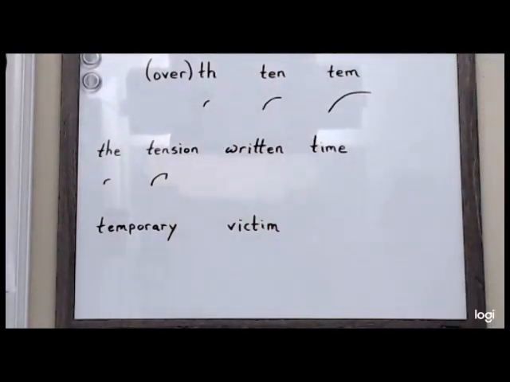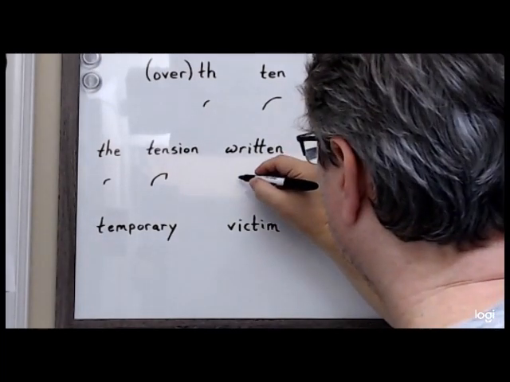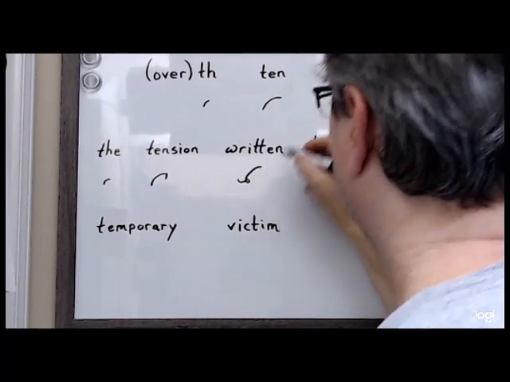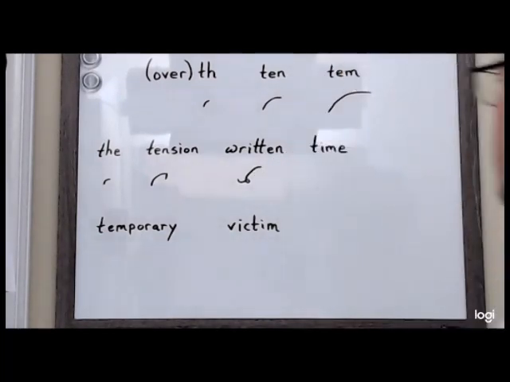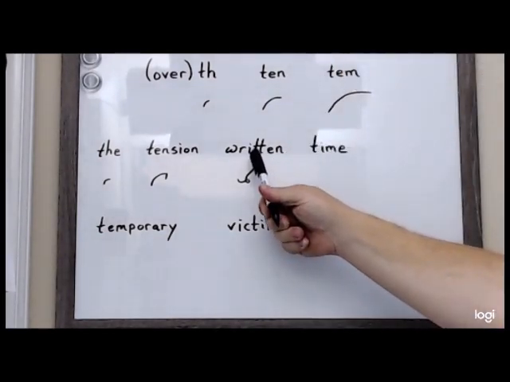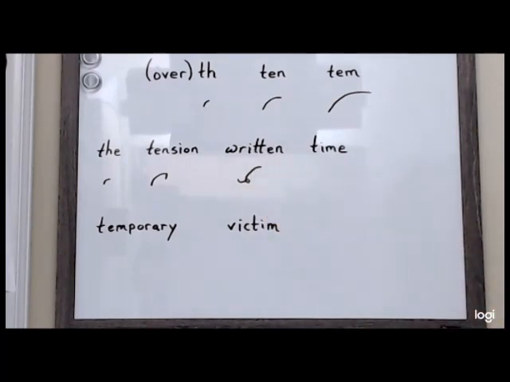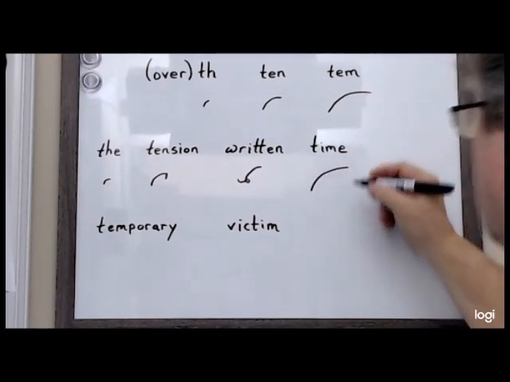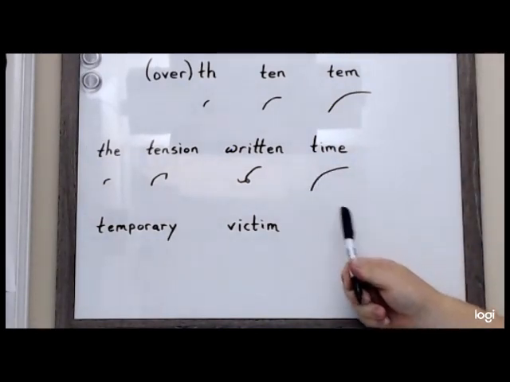The word written will just be the R, the E, then the TEN stroke. Remember, written phonetically, short I. The word for time is just the TEN stroke, and this is a short form.